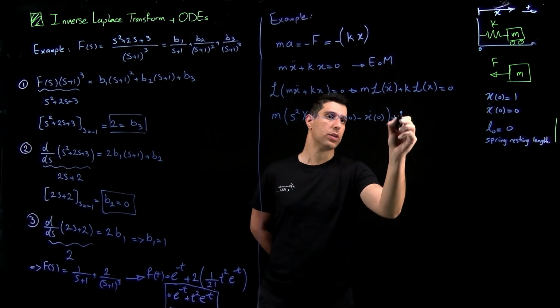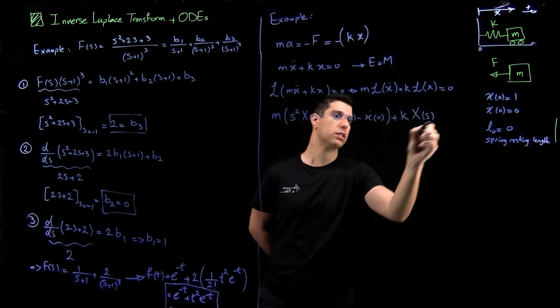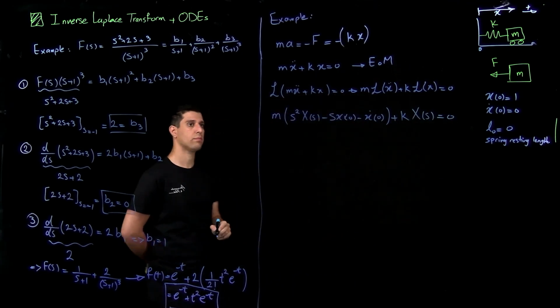And the rest, I have k times the Laplace transform of x, which is capital X(s), equals 0.